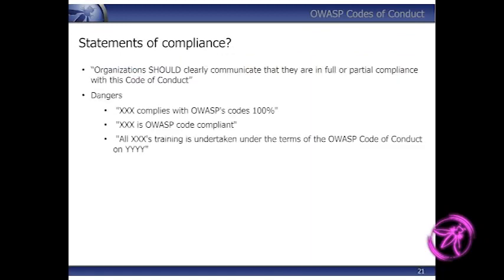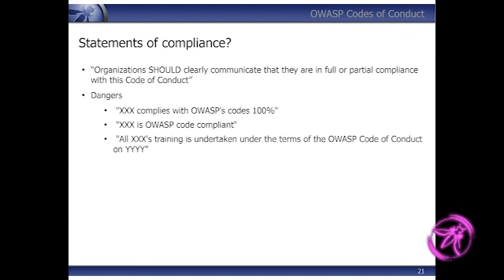The question has come up on the mailing list recently about, well, if some body said, okay, I'm doing all this stuff, what do we want them to say about it? I think we actually need to define how they should refer to it, because we don't want people to say something like "such and such complies with OWASP codes 100%", because that's a bit open to interpretation.